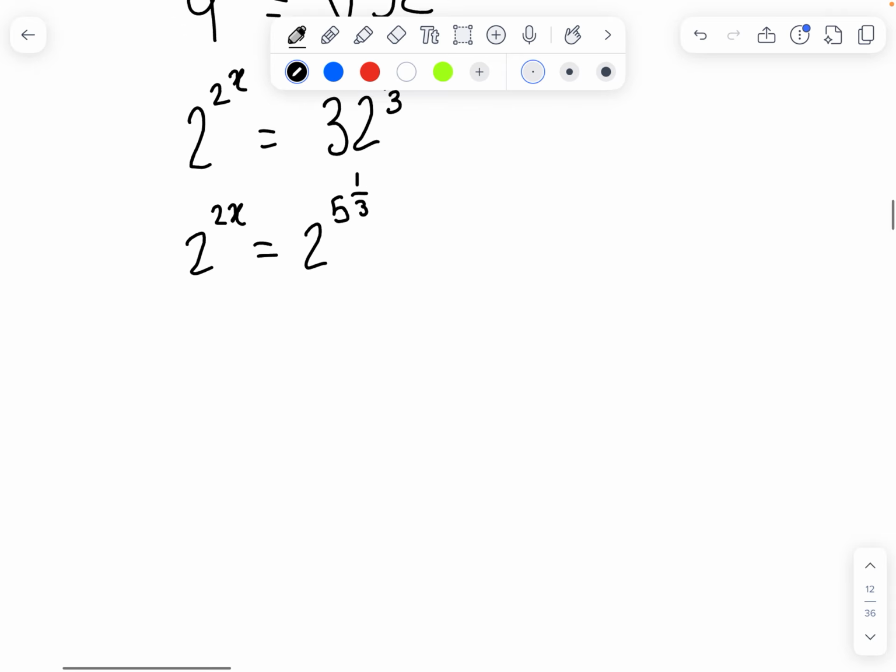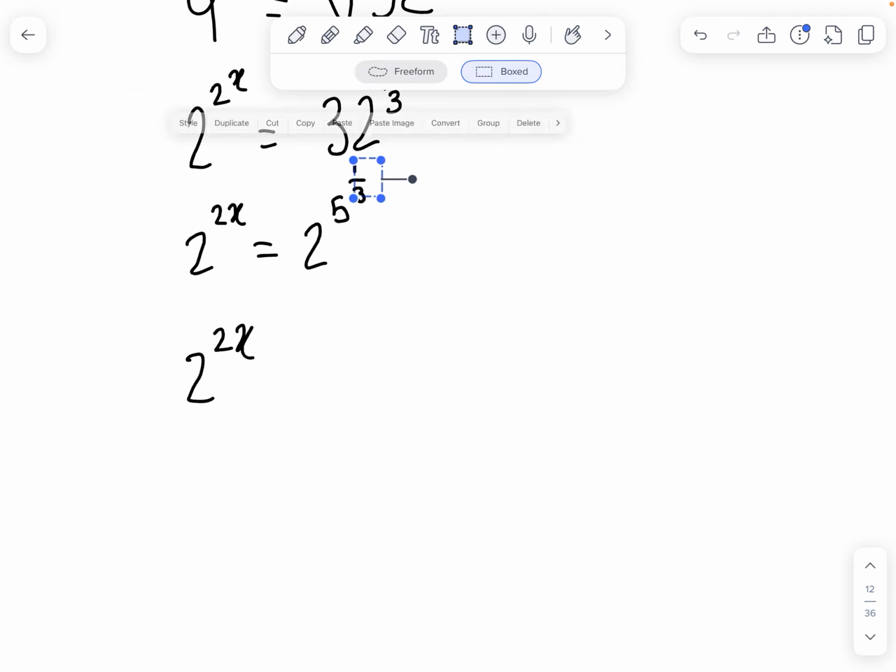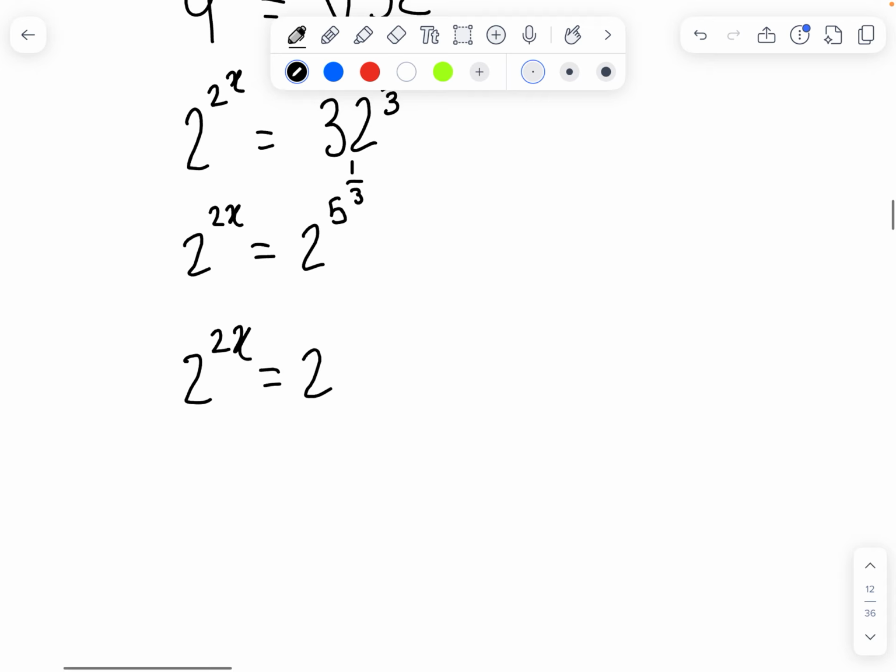So this becomes 2 to the power of 2x equals 2 to the power of 5/3.